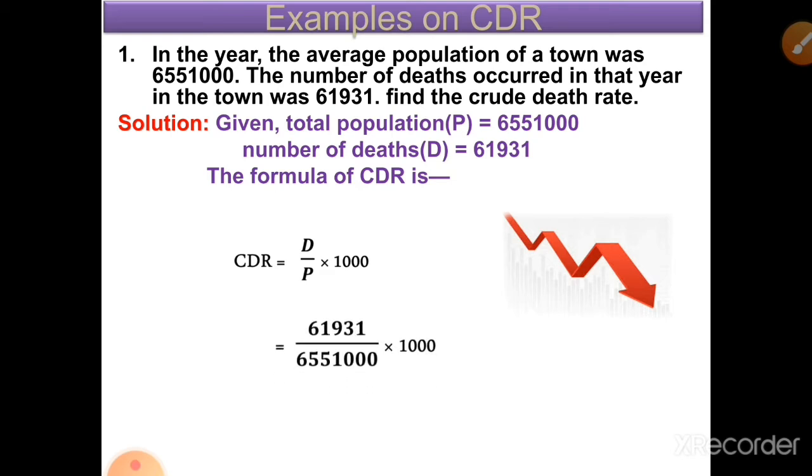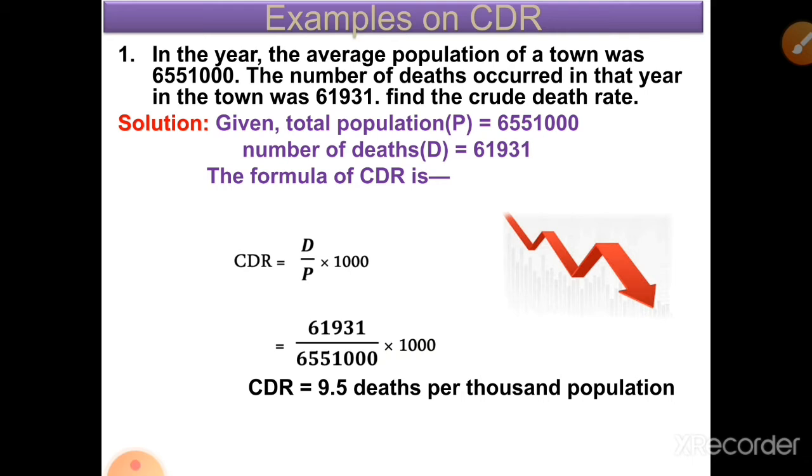Now substitute the values: 61,931 divided by 65 lakh 51,000 into 1000. After calculating, the final answer is CDR equals 9.5 deaths per thousand population. This means out of 1000 population the deaths is 9.5.